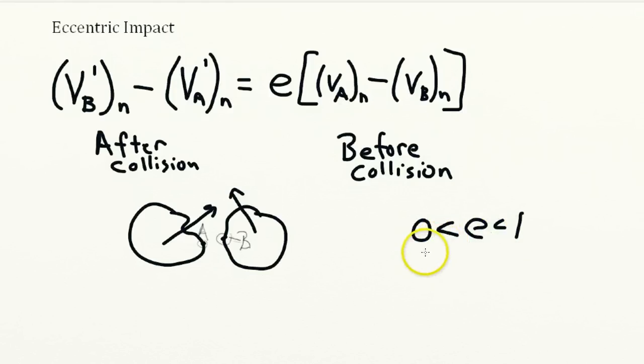And if we're talking about a coefficient of restitution near 0, it's something like clay, where the objects will deform and they'll stick together. If we talk about a coefficient of restitution that's near 1, it's more like a rubber ball. So you've got completely elastic, recover all the energy.